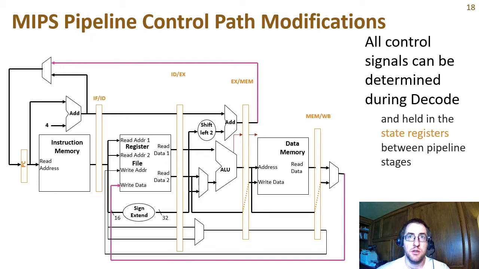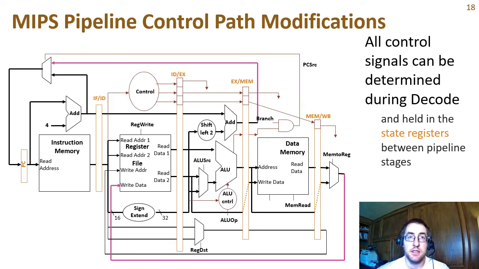So all the control signals are determined in the decode stage by the control logic, and then they pass down the pipeline through the interstage buffers. So the control logic also gets added in these pipeline buffers, and as each control signal is consumed in a given stage, we don't have to buffer that signal any further down the pipeline.